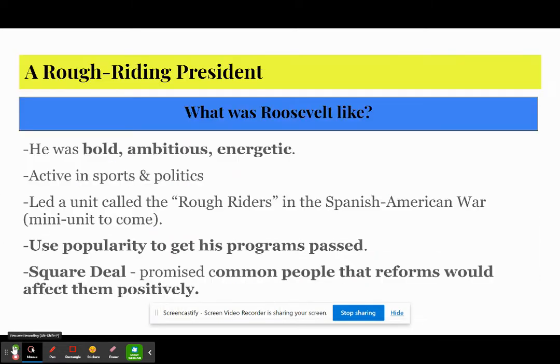So some interesting information about Theodore Roosevelt. He wasn't actually supposed to be president. In 1900, he was a young governor from New York, and he was urged to run as McKinley's vice president by the state political bosses because the political bosses, who we know from our last unit, like to control local governments.